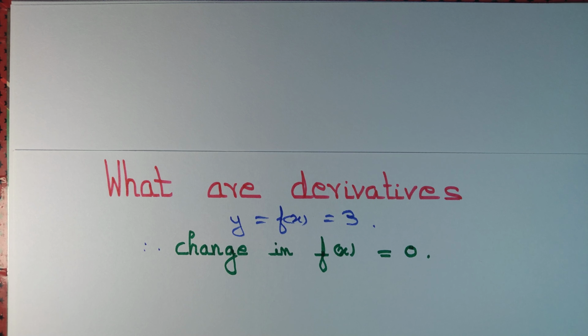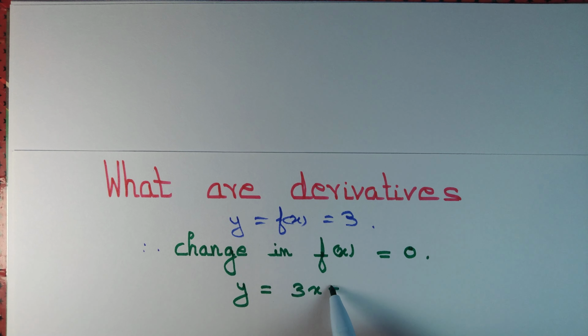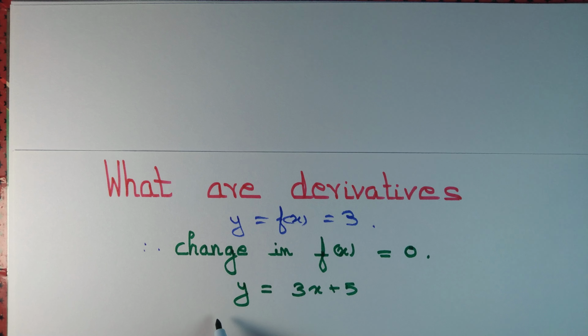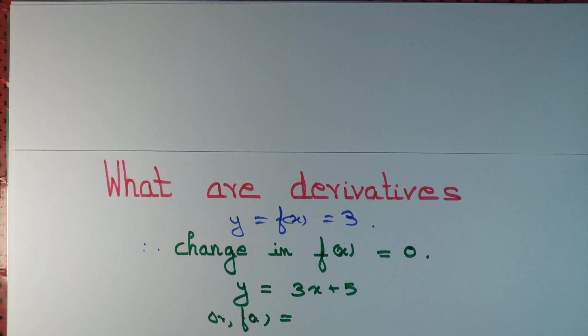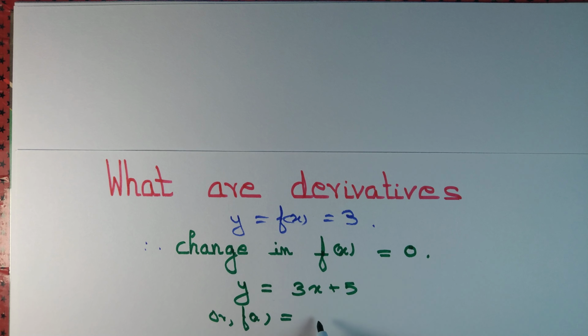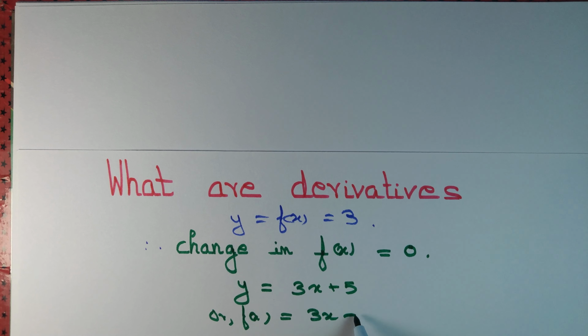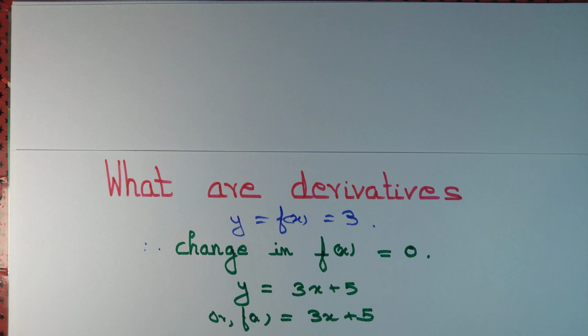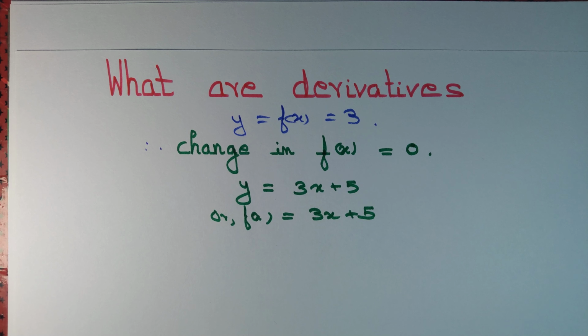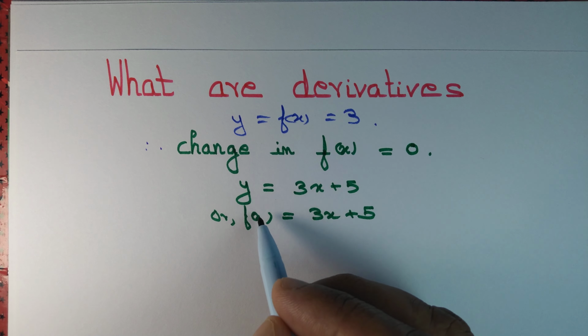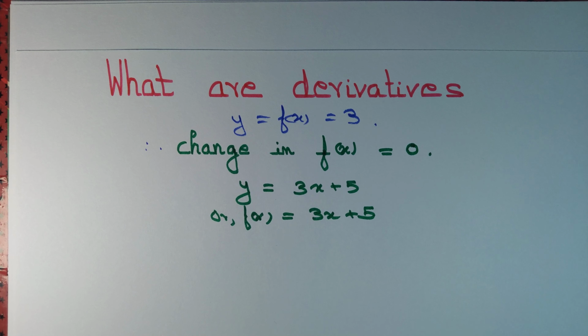So let's increase the complexity. Let's introduce another function, say y equal to 3x plus 5, or f(x) equal to 3x plus 5. Definitely, if you change x, the value of f(x) will change.